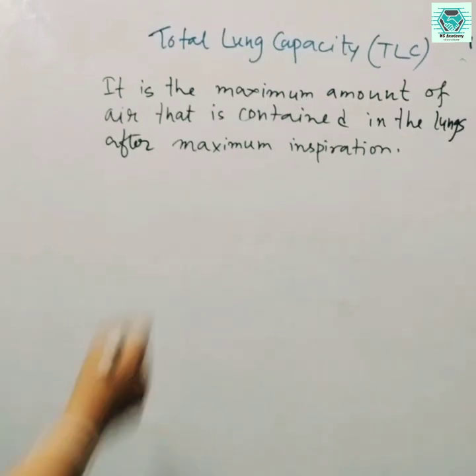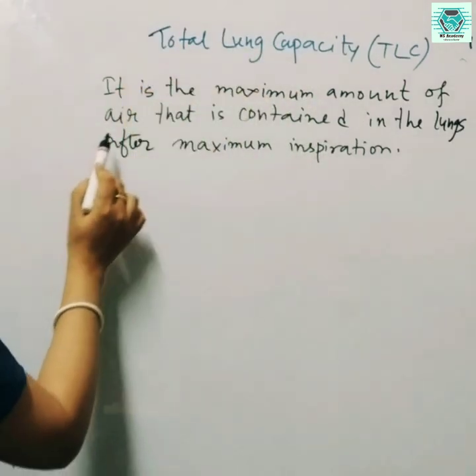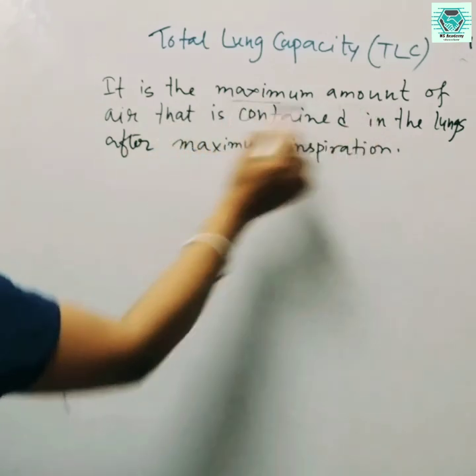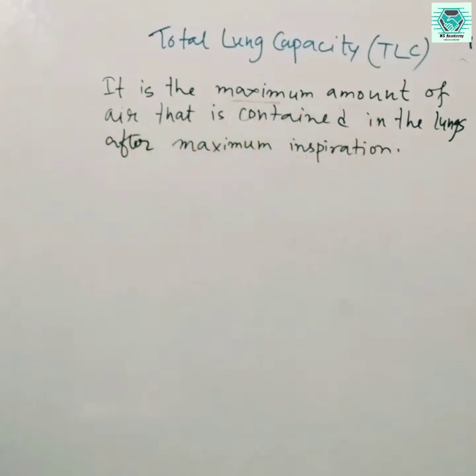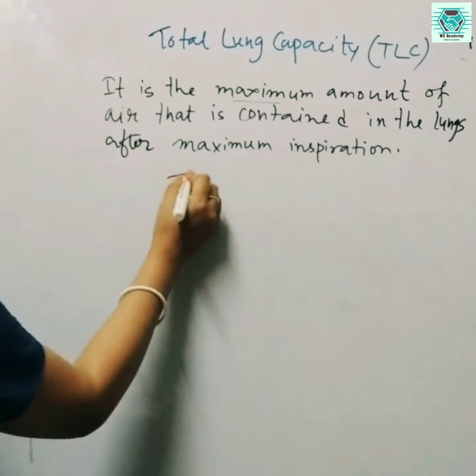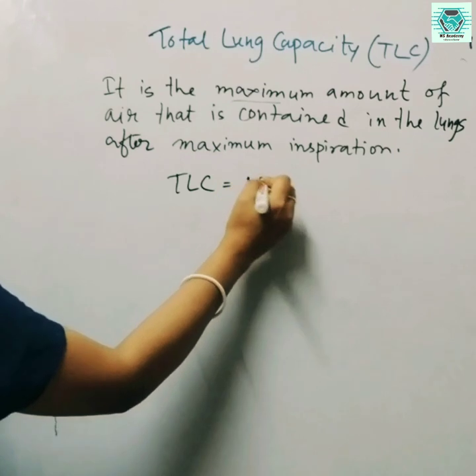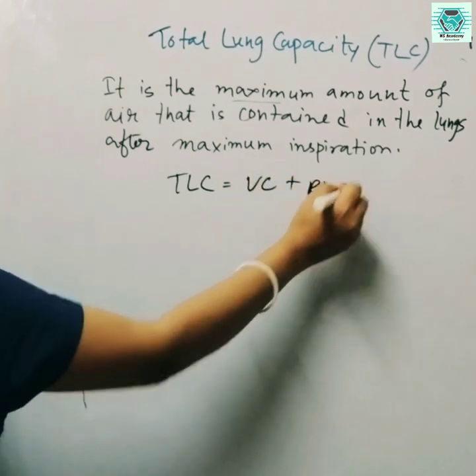Now the TLC, total lung capacity, is the maximum amount of air that is contained in the lungs after maximum inspiration. The two volumes represented are: TLC equals vital capacity plus residual volume.